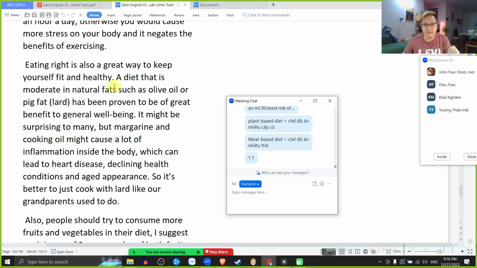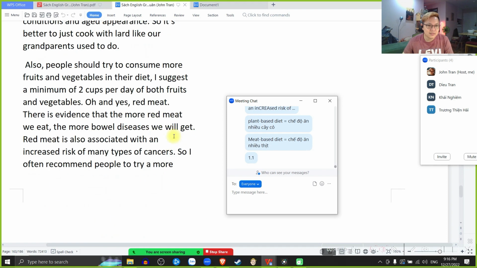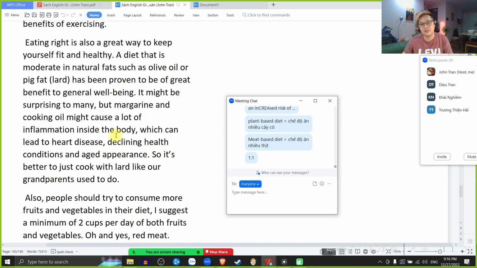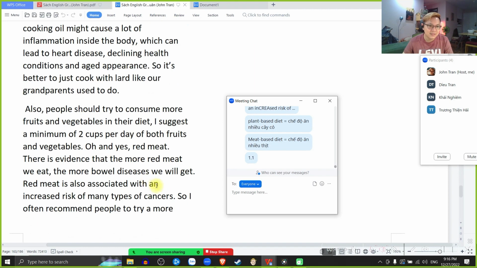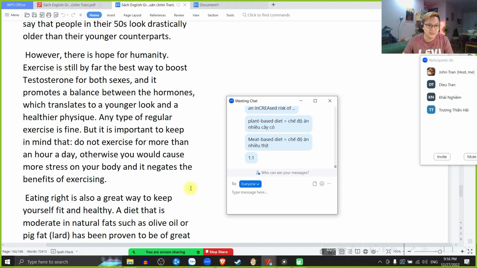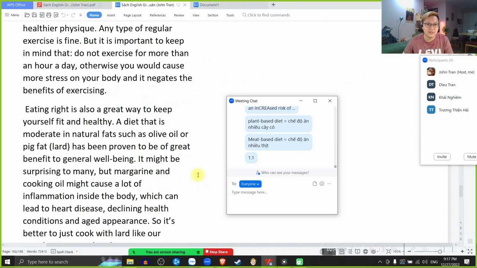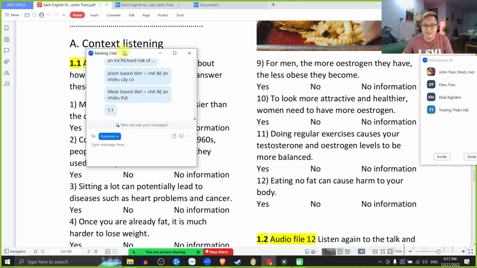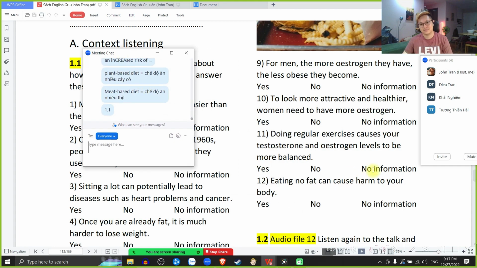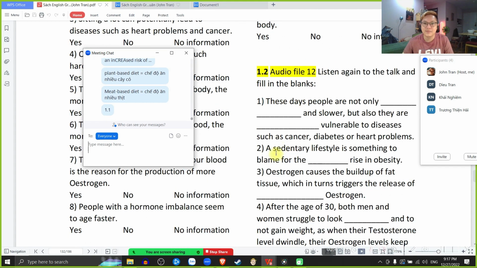They talk about natural fat, eating those. But did they talk about eating no fat? Cái bài này nói về chuyện là nên ăn thêm những cái chất béo tự nhiên, nhưng mà có nói về cái chuyện mà không ăn chất béo không? It didn't talk about like eating no fat, right? So this information is no information. We have no information. Okay.